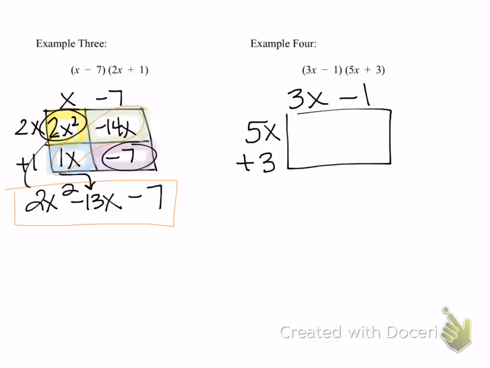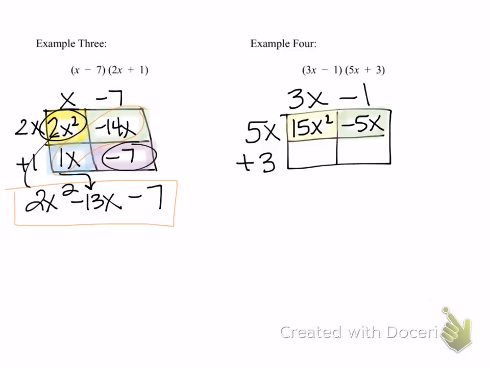Well, let's create our box. So the first box that I'm going to do is 3x times 5x. Well, 3 times 5 gives me 15, and x times x gets me x squared. The next one that I'm doing is the negative 1 times 5x, which gives me negative 5x.